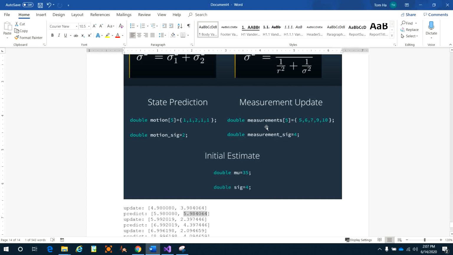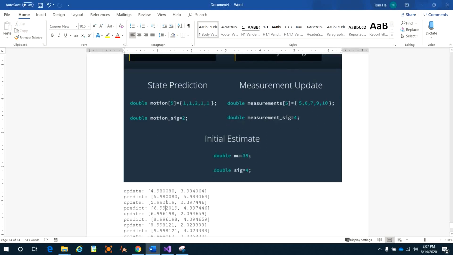In the next movement, the robot's measurement is 6, and they continue to update the measurement. They compare the prediction and the measurement, and they update and get the result right here, and the covariance right here. And they continue. They move, they predict the motion.